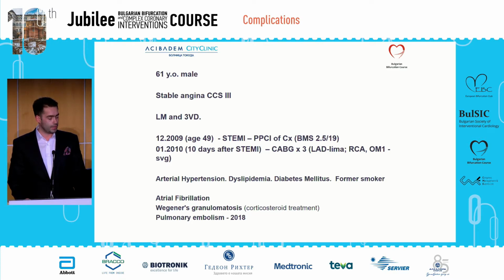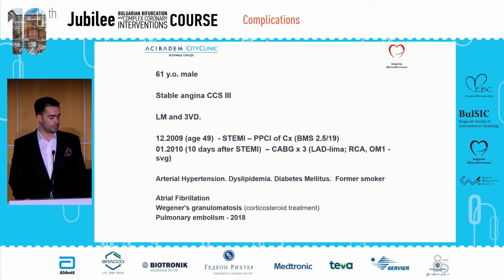Known left main and 3-vessel disease, in 2009 at the age of 49, he had a myocardial infarction, and primary PCI of the circumflex artery was performed with 1 bare metal stent. 10 days later, because of severe symptoms, CABG was performed with an arterial graft to LAD and 2 venous grafts to the right coronary artery and the first marginal branch.